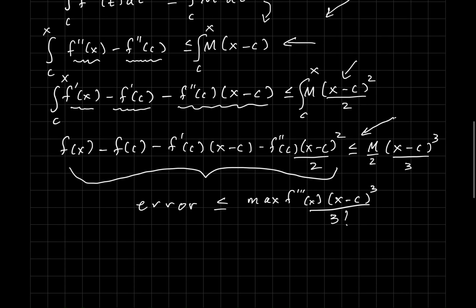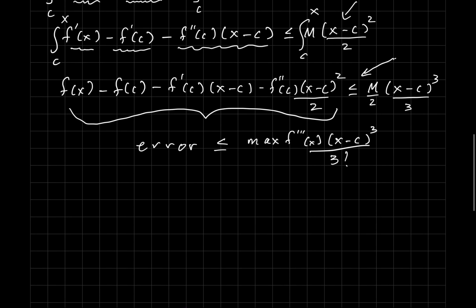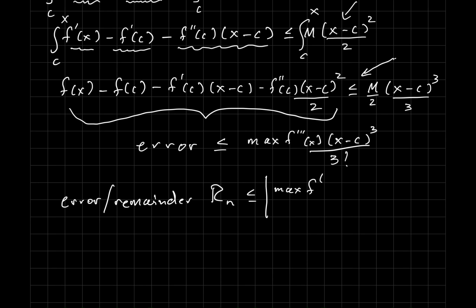So in general, the error or remainder using my nth degree polynomial approximation is less than or equal to, and I'll put absolute values here, the maximum of what? Well, the first left off derivative. Where? Well, on the interval from c to x. Most books put z here. I won't.